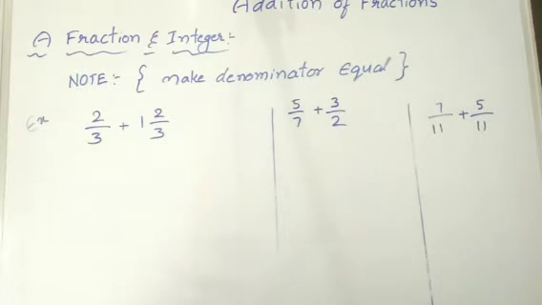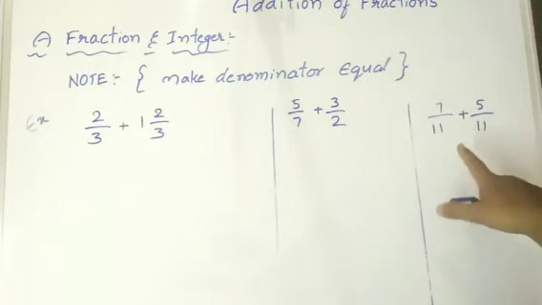I think you can guess: if I add a proper fraction and an improper fraction, the resultant answer will be more than 1. If I add a proper fraction and another proper fraction, what is the result? We will check it by doing.